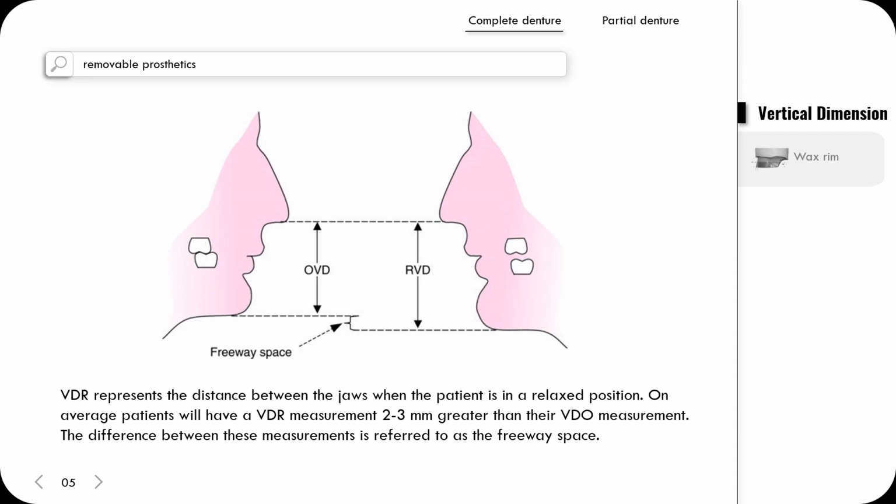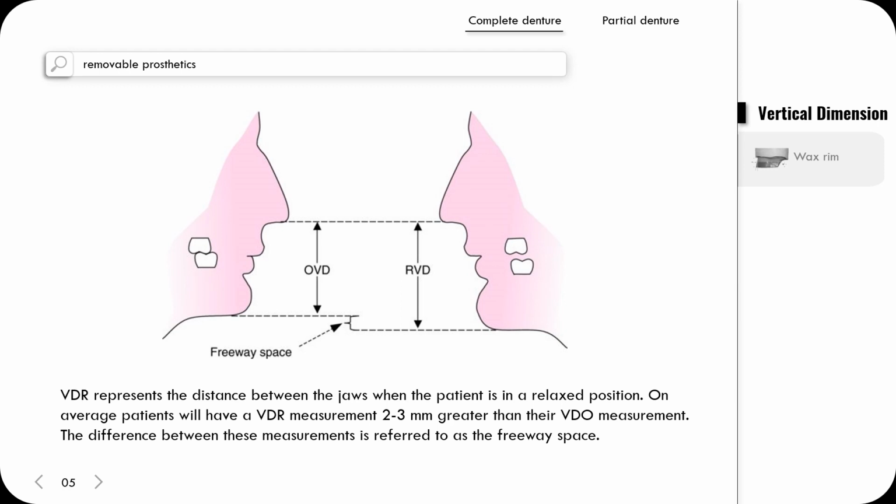What is the distance between the jaws? Now, when you are just sitting there in a very relaxed position, almost as if you're dozing off and about to fall asleep, naturally our teeth are separated in this rest position, or this physiologic rest position. Now, on average, that distance that the teeth are separated by is about 2 to 3 millimeters of space.